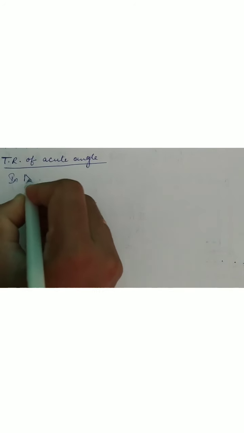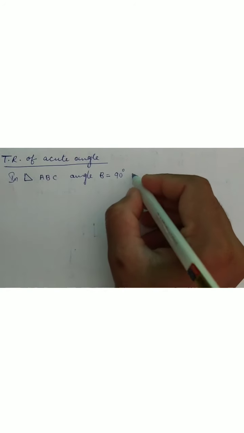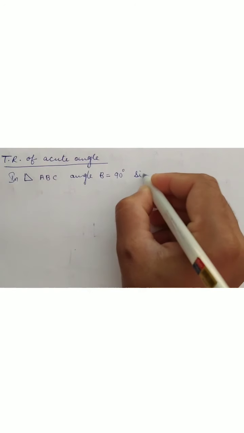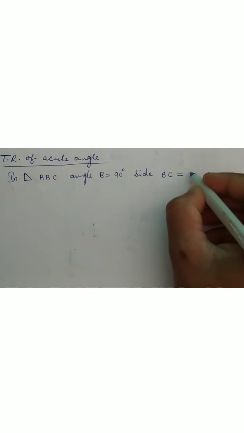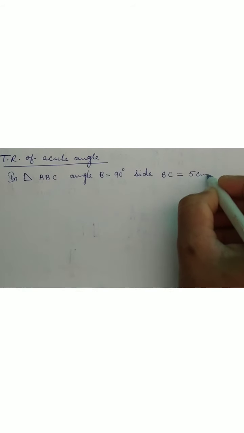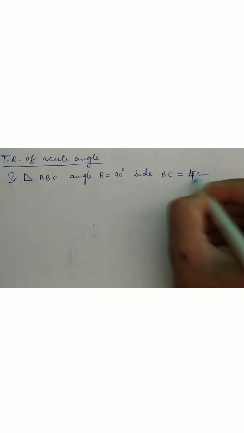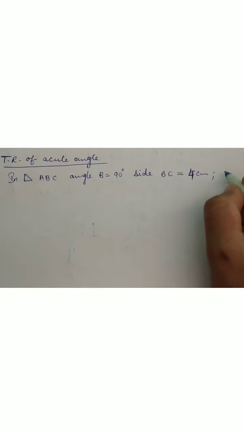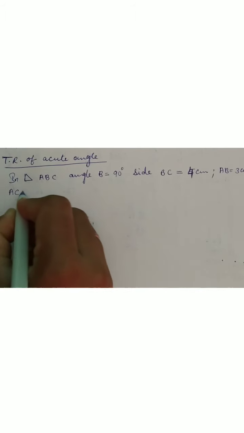In right angle triangle ABC, angle B is equal to 90 degree, side BC is equal to 4 cm, AB is equal to 3 cm, AC is equal to 5 cm.